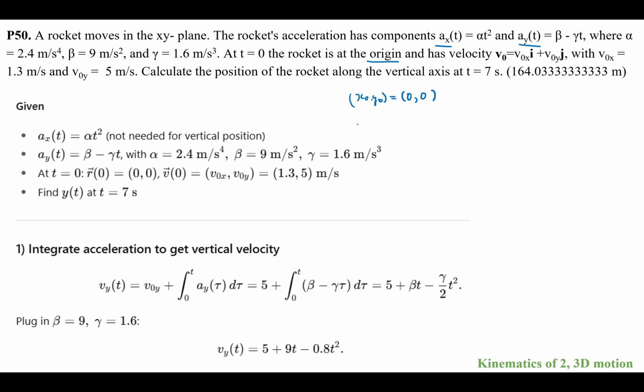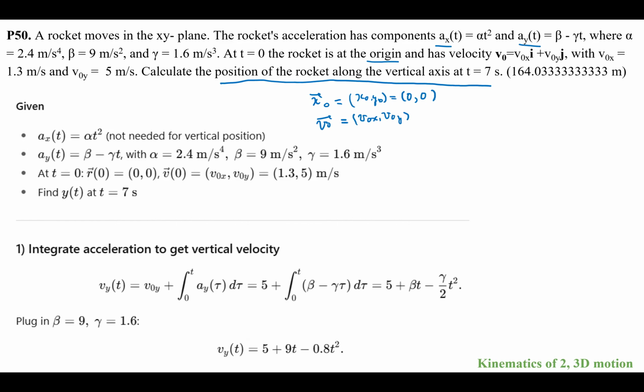And then v0x and v0y is the initial velocity. Okay. Calculate the position of the rocket along the vertical axis at t equal to 7 seconds. So we are confined to only the vertical direction, that means along the y.